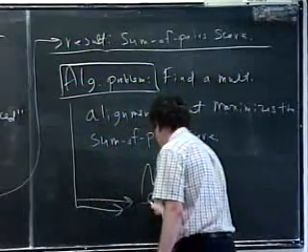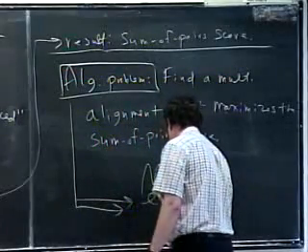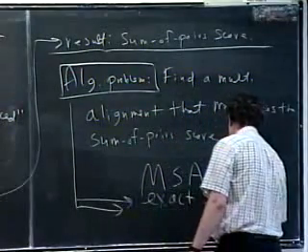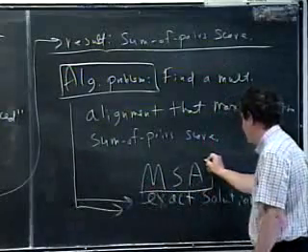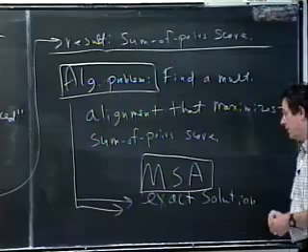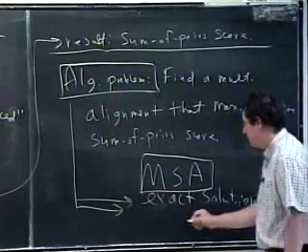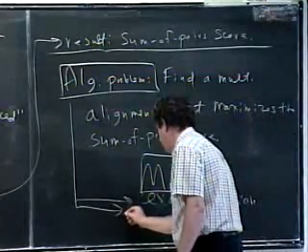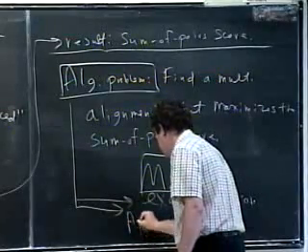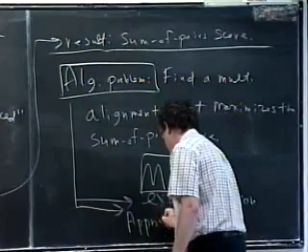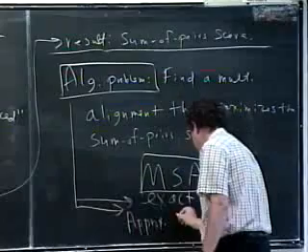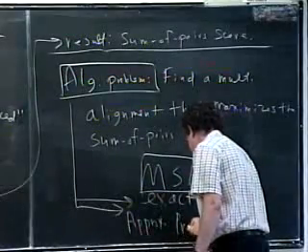One is an exact solution. Well, at least I should mention it. And I already have told you that MSA finds an exact solution. And then I'm going to talk about another method that is an approximation. It is not guaranteed to find the exact solution, by an approach called progressive alignment.